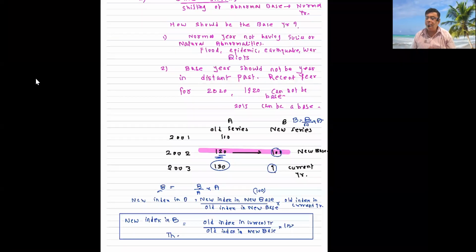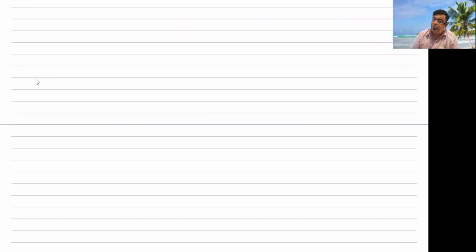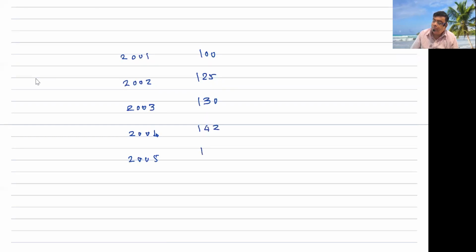Now, as an example, remember. I'll give you an example for just consolidation of concept. Take up the question. A series of index numbers for 2001, 2002, 2003, 2004, and 2005 is 100, 125, 130, 142, 150.